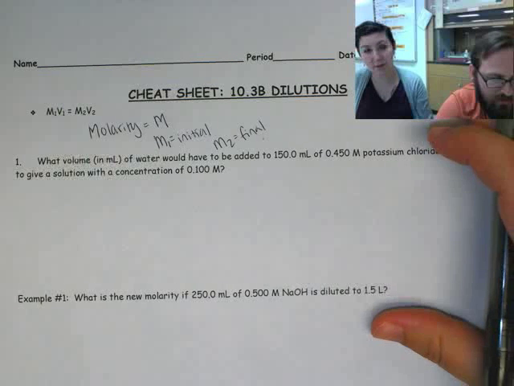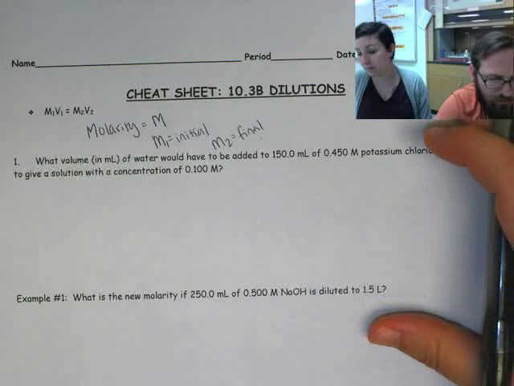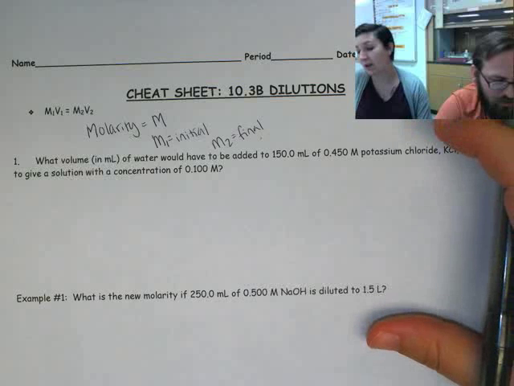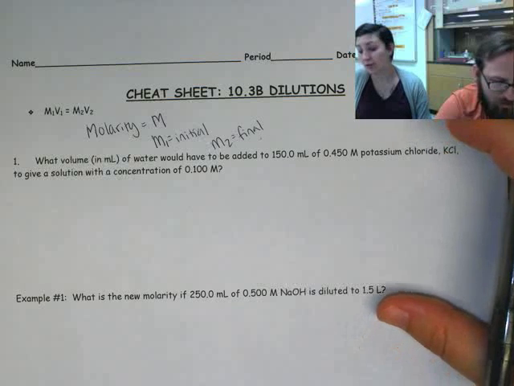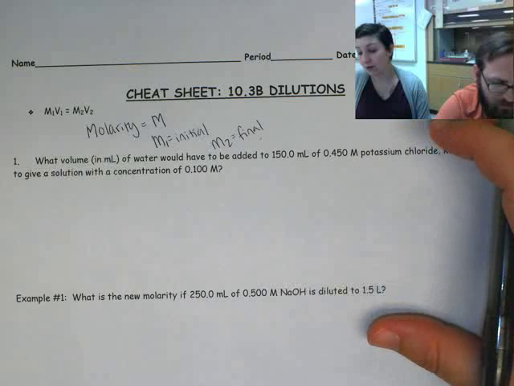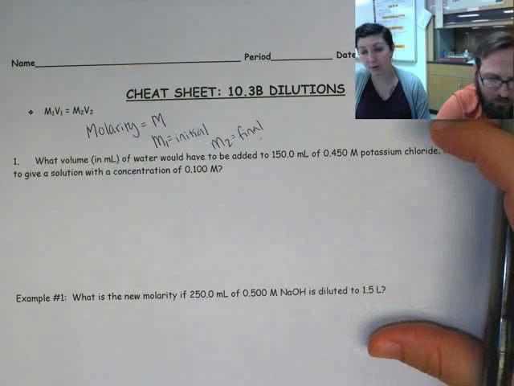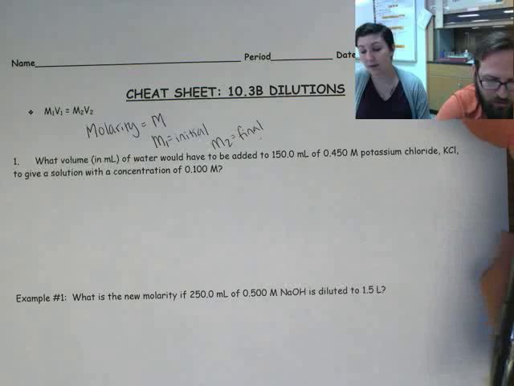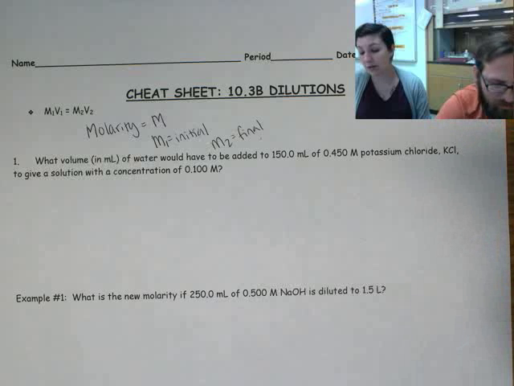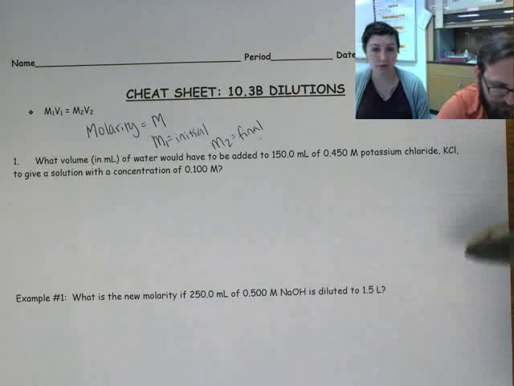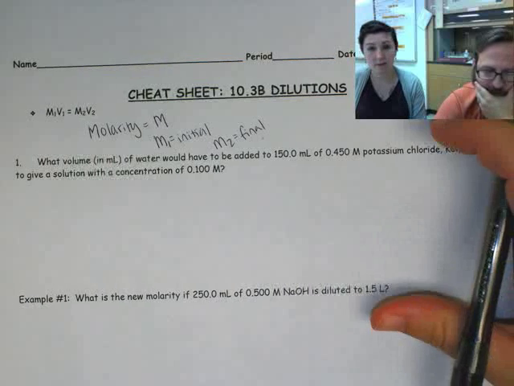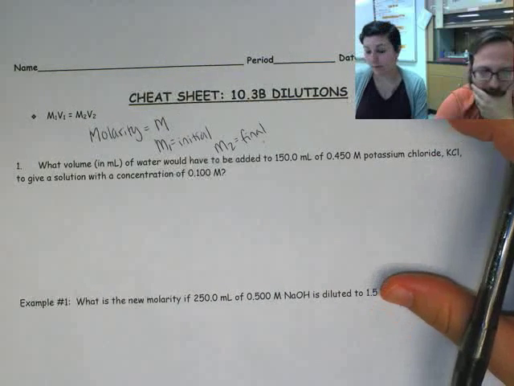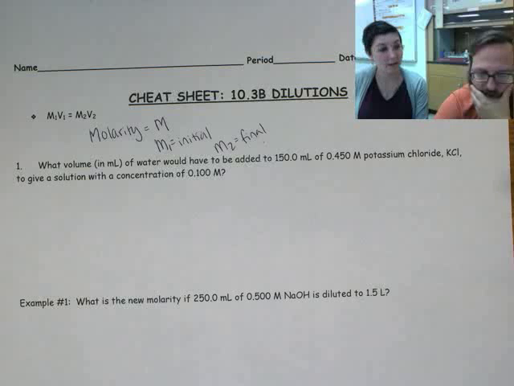So we've got one volume in milliliters. What volume in milliliters of water would have to be added to 150 milliliters of 0.45 molar potassium chloride, KCl, to give a solution with a concentration of 0.100 molarity? I only see one volume in milliliters, so that's my starting volume, V1, the first one they give you.